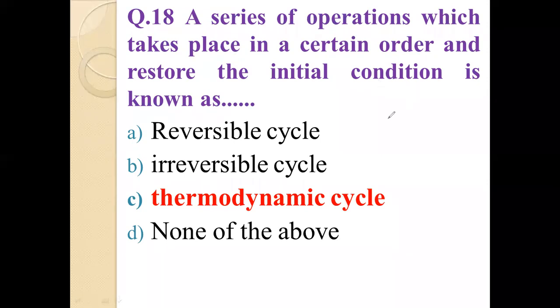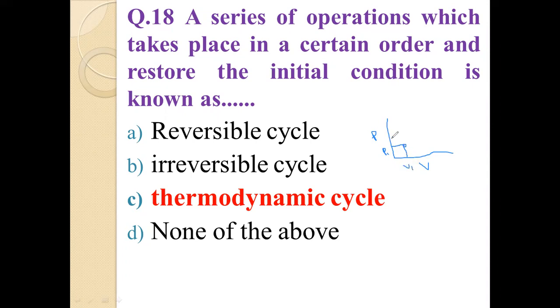See friend, this is the diagram, and this is the initial P-V diagram. P is the pressure with the volume. See, first point, at this point the pressure is P1, then the volume is V1.